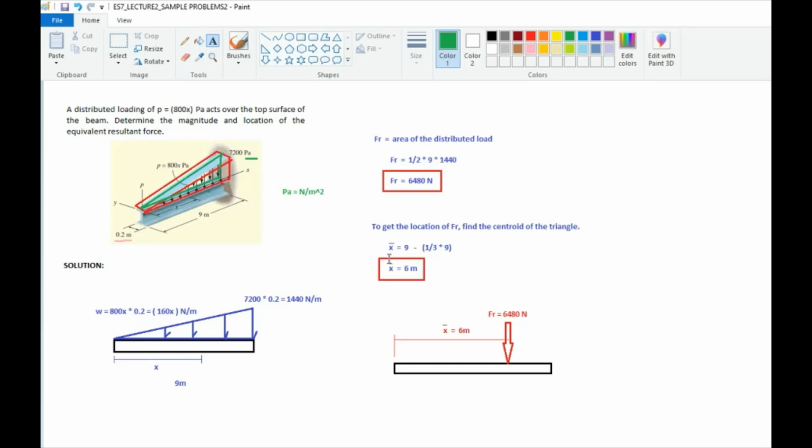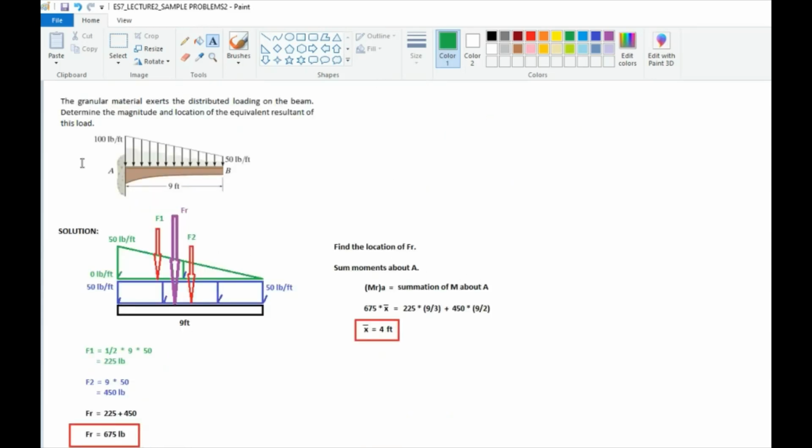Okay? So, x bar is equal to 9 minus 1/3 of 9. Therefore, we get x bar to be 6 meters. So, ibig sabihin, yung resultant force natin ay nag-a-act 6 meters from the left end of our beam. Okay? So, yun yung ibig sabihin niya. Okay, so, these are the final answers.